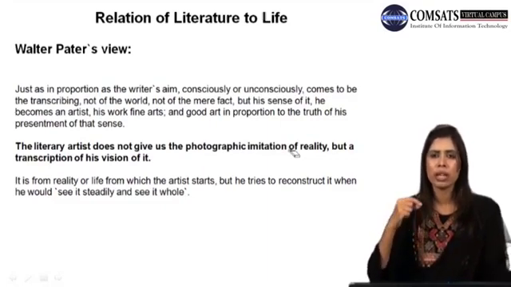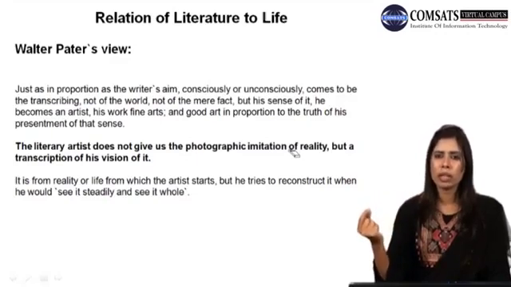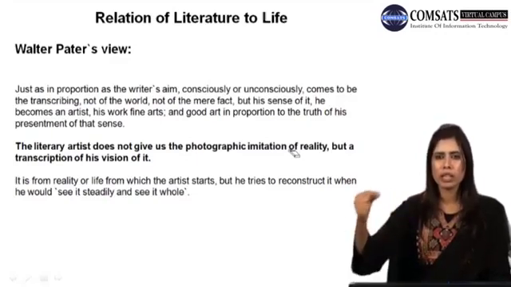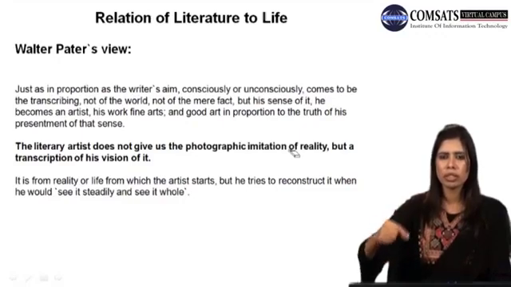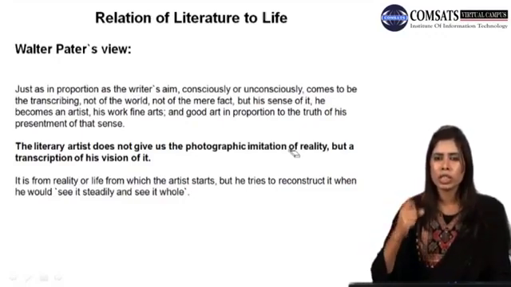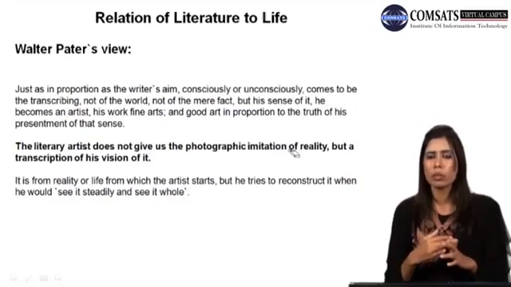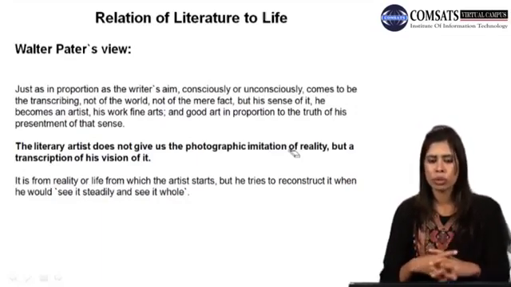So this is an imitation of reality. If you imitate the things, if you have the sense to penetrate the things, in this way the writer would become an artist and his work would become fine arts. So basically, everything he is writing is based on truth.